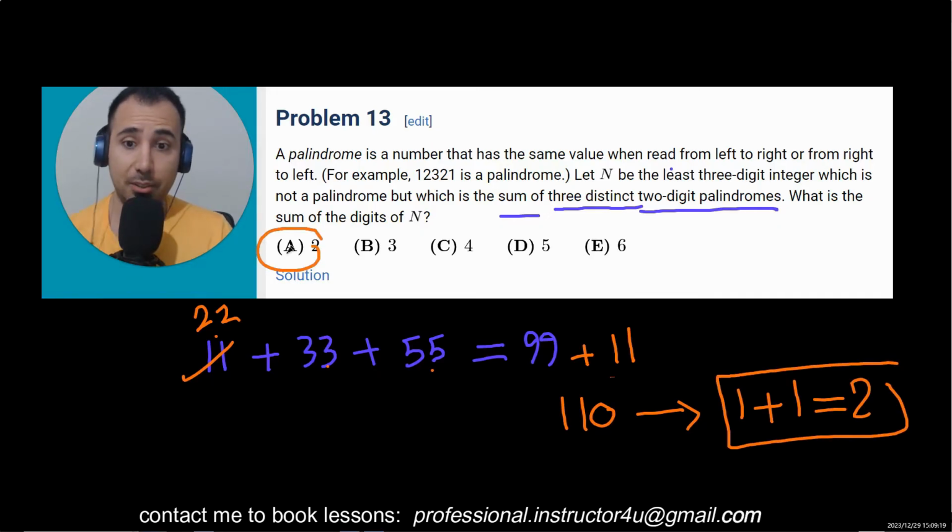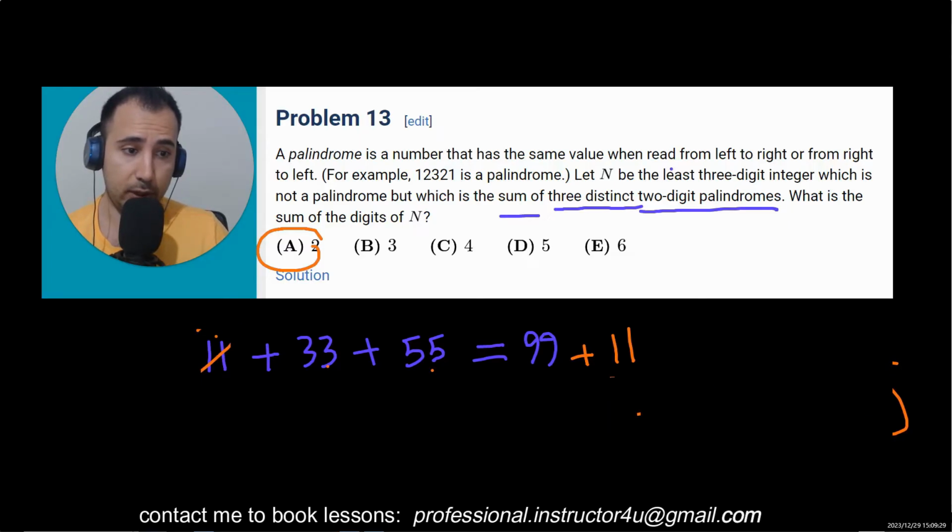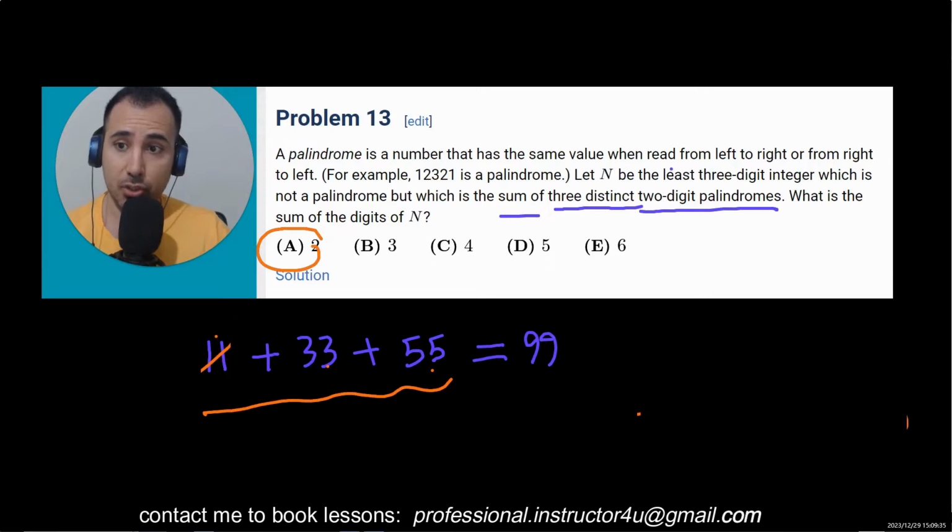So can I answer it faster? Yes. Now when you just read the question, that is going to be 3 numbers like this, we know that all these numbers are multiples of 11. So that means the sum of these 3 numbers, when you add them all up, is also a multiple of 11.